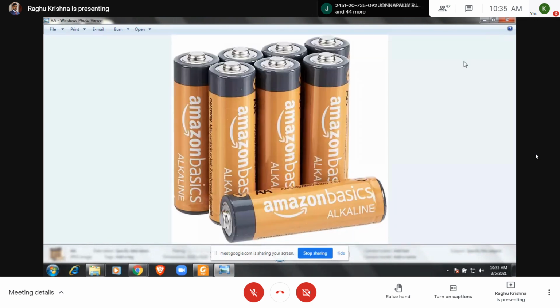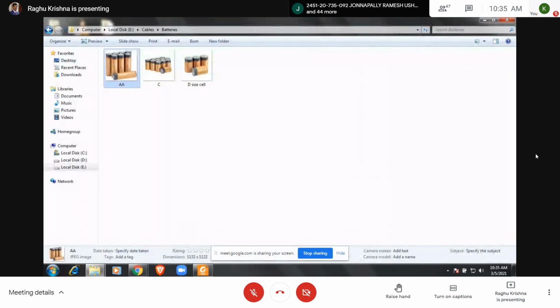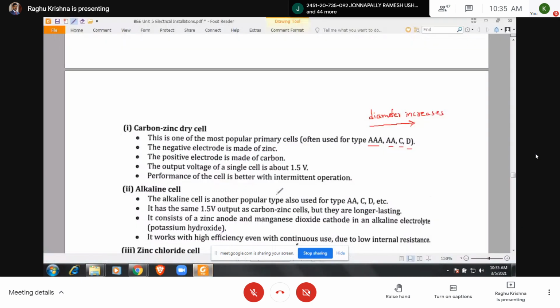So the diameter of the cell increases from AAA to D, and the current carrying capacity also increases from AAA to D. So D can supply more current.